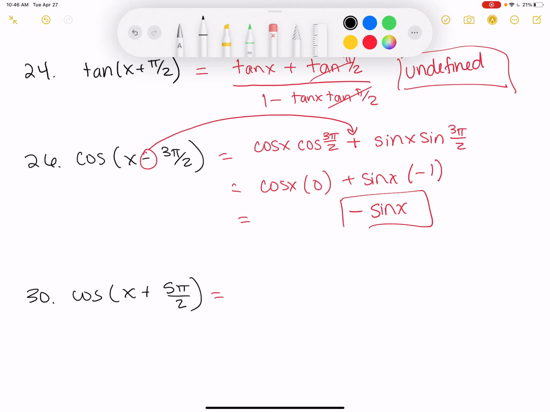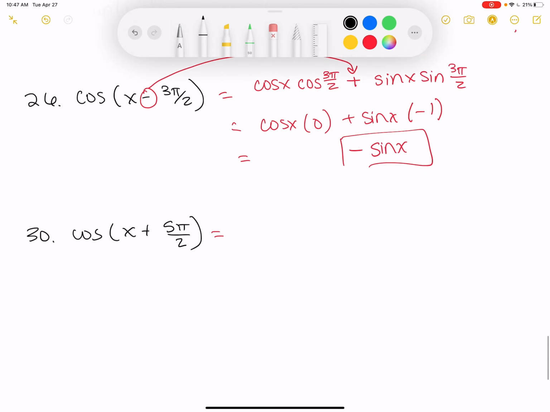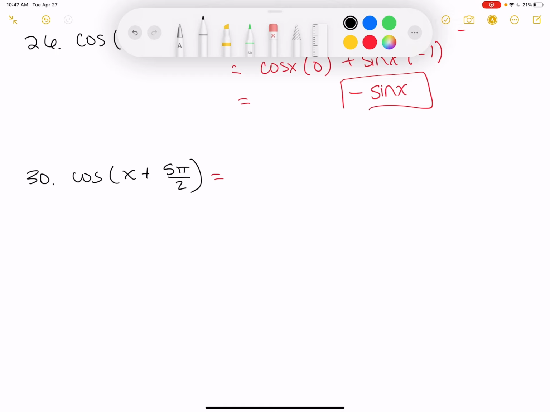I get 5 pi over 2. 5 pi over 2 is easy. It's the fourth quadrant, right?